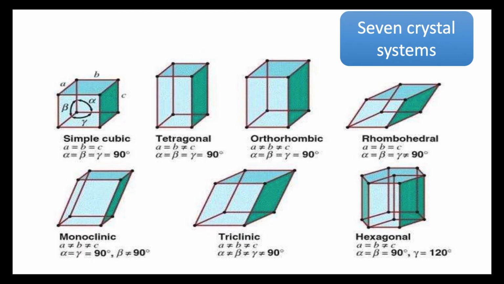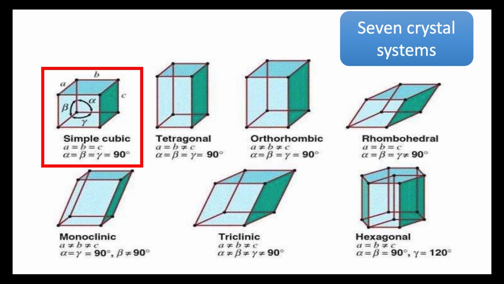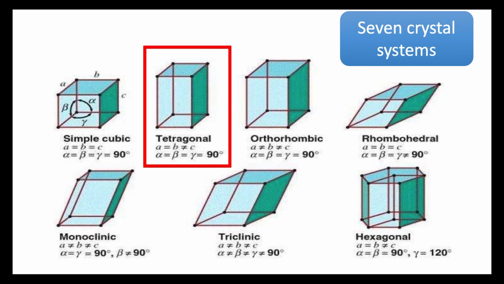Say, if all the 3 unit cell distances a, b and c are equal and the angles alpha, beta and gamma all are equal to 90 degrees, it is called a cubic crystal. If the angles alpha, beta and gamma are equal to 90 degrees, but 2 unit cell distances a and b are equal to each other and c is different, then it is a tetragonal crystal.